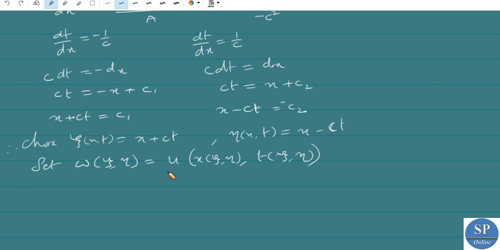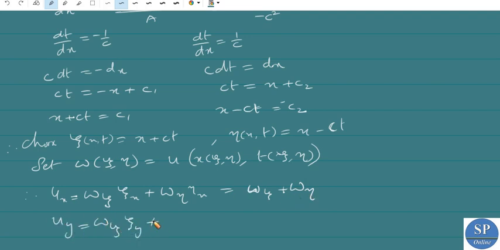So we have to find u_xx and u_tt. So u_x is nothing but w_zeta zeta_x plus w_eta eta_x. From this zeta_x is 1 and eta_x is also 1, so this is nothing but w_zeta plus w_eta.